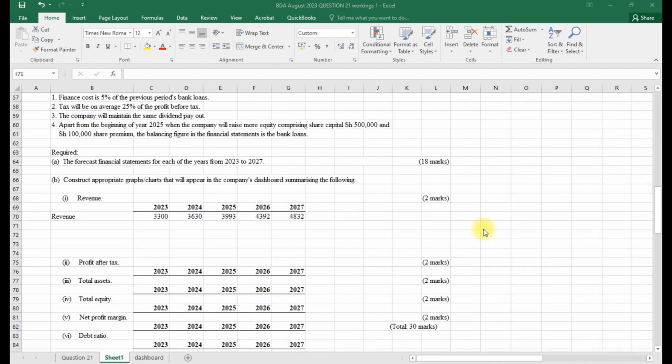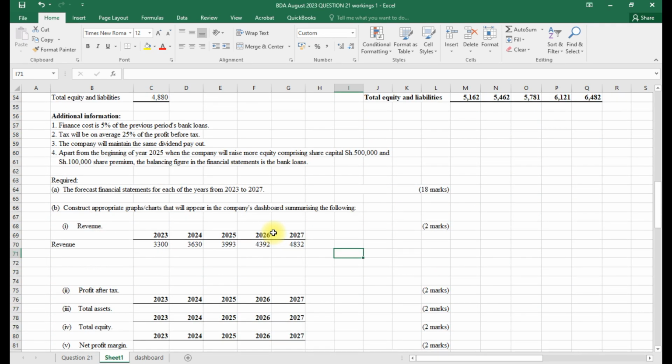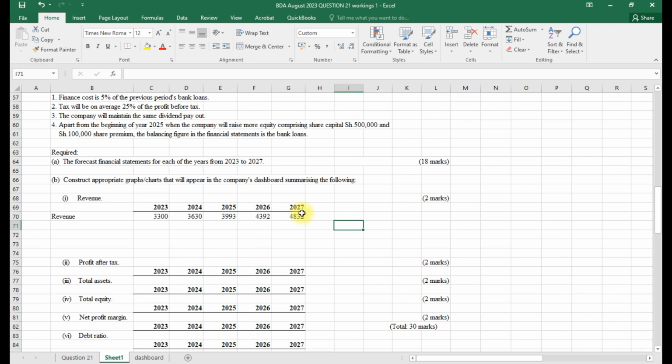So now in part B, where we need to construct appropriate graphs or charts that will appear in the company dashboard summarizing the revenue. I've already picked the years and the revenue that we have each year, and I just need to have this graph.